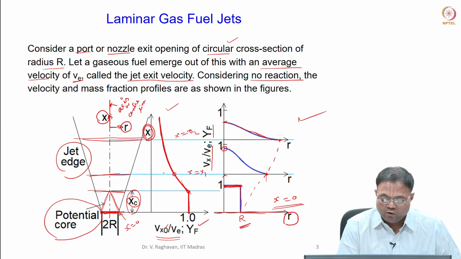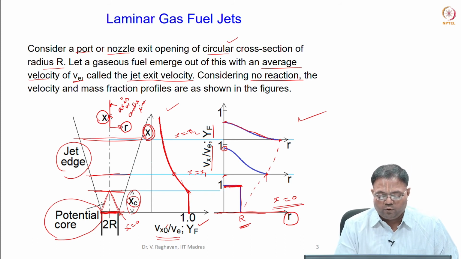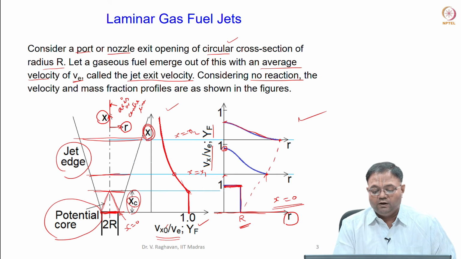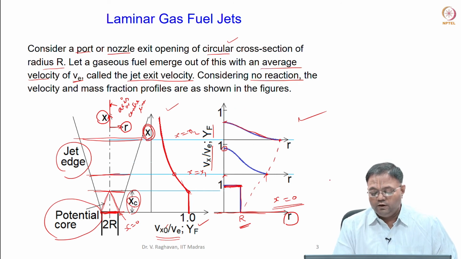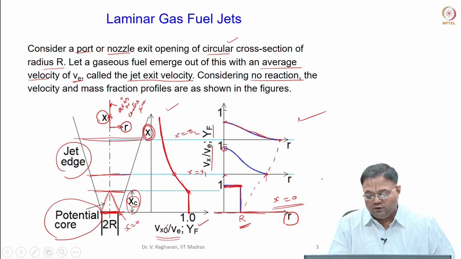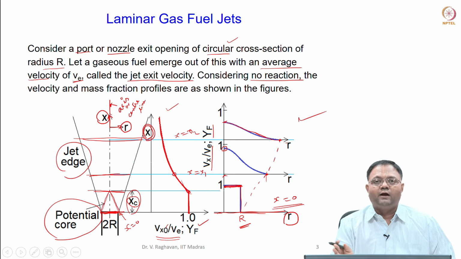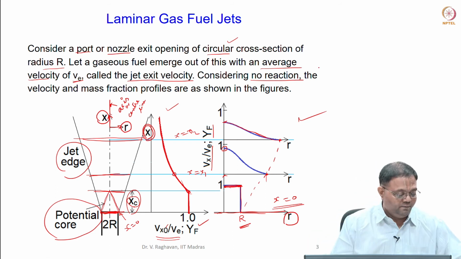But at any other location where the decay has started, say x1 here, it starts at a maximum value at the center, then decreases non-linearly to a 0 value. Similarly, at a higher location, it takes a little longer radius to decay to 0. That is what is indicated by the jet spread.